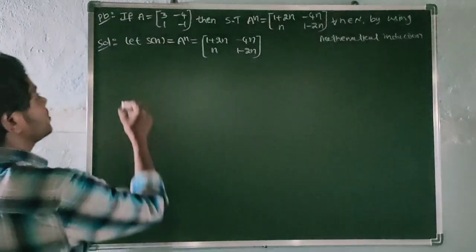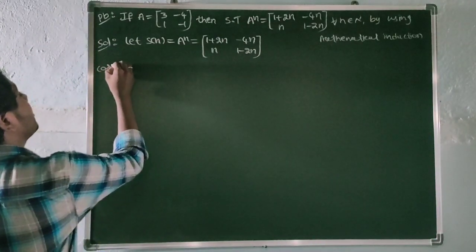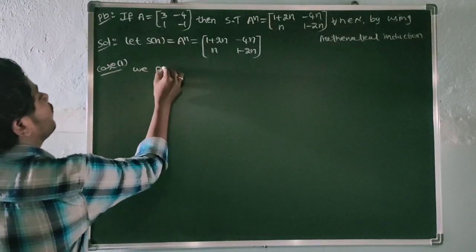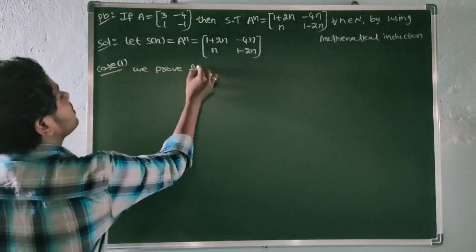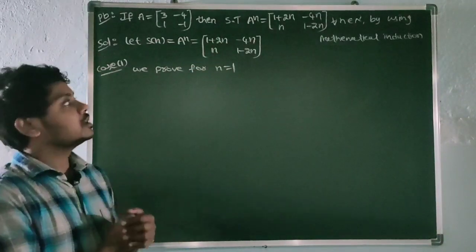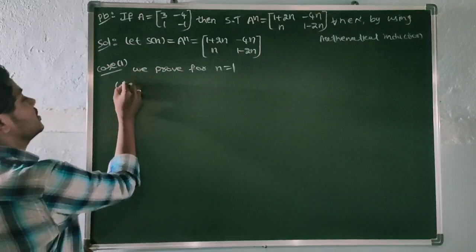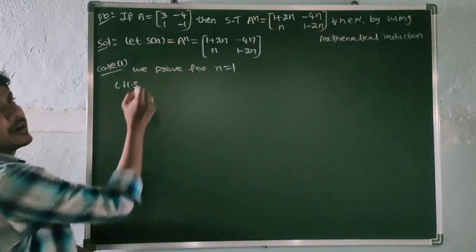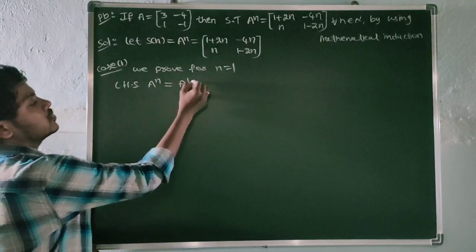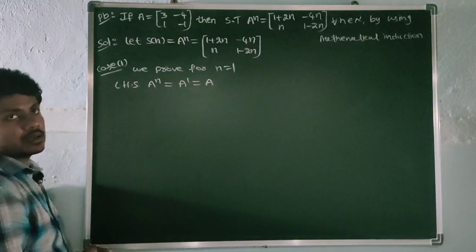So first, case 1. We prove S of n is true for n equals 1. So take LHS. So what is LHS? A power n. And write n equals 1. So what you get? A.